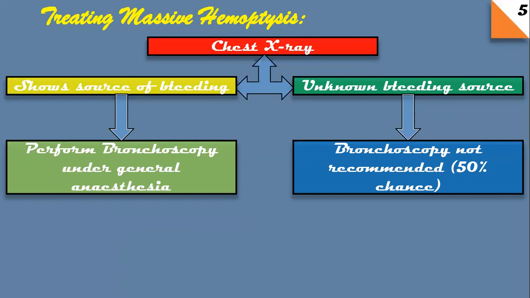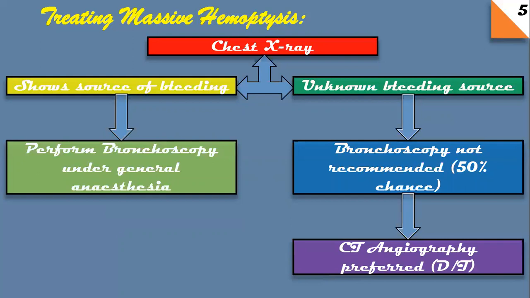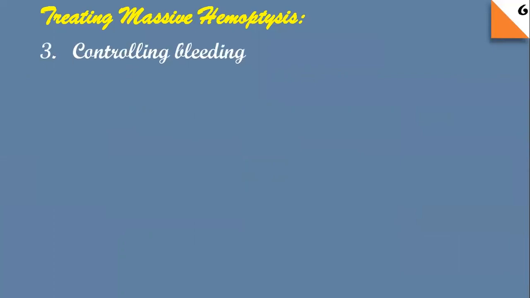So this chance game is not to be taken in a massive hemoptysis. Rather than that, we move straight on towards CT angiography because it helps both in diagnosis as well as in treatment. So the next thing would be controlling of bleeding.